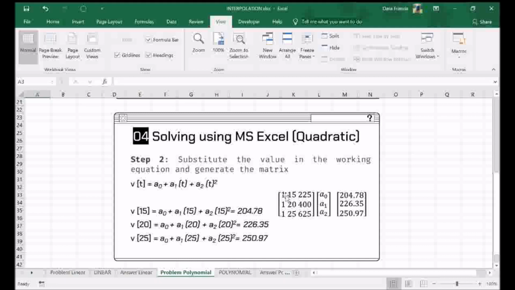First, A0 is 1, A1 is 15, and A2 is 15 squared, which is 225. Again, the same here, A0 is 1, A1 is 20, and A2 is 20 squared. The same with v25. This will be our matrix A again, and matrix B will be the equivalent value of each function.